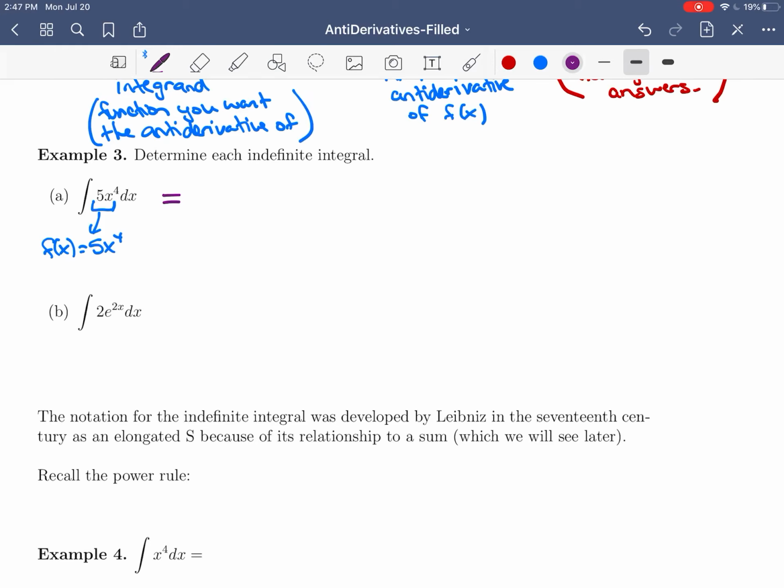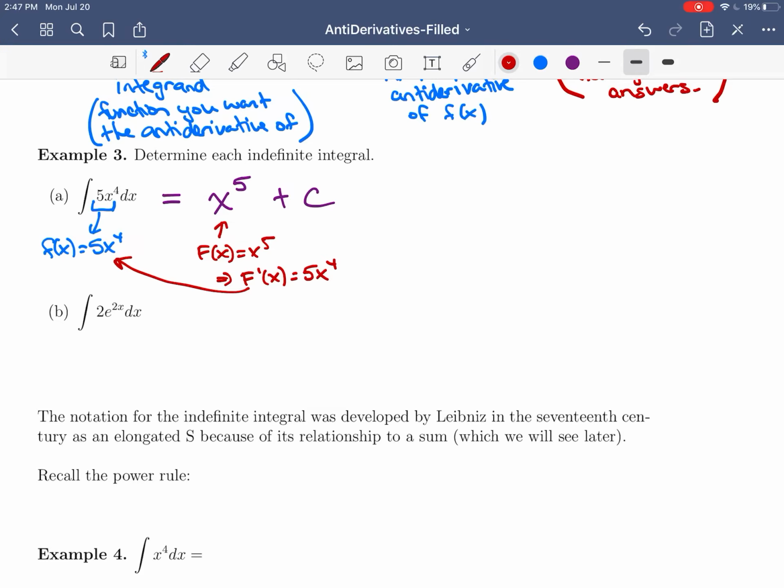Now this looks like the result of a power rule. So I think I'm going to pick x to the 5 to be my capital F of x, because then I know capital F prime of x is 5x to the 4, which is equal to little f of x. But then I have to add my constant of integration.